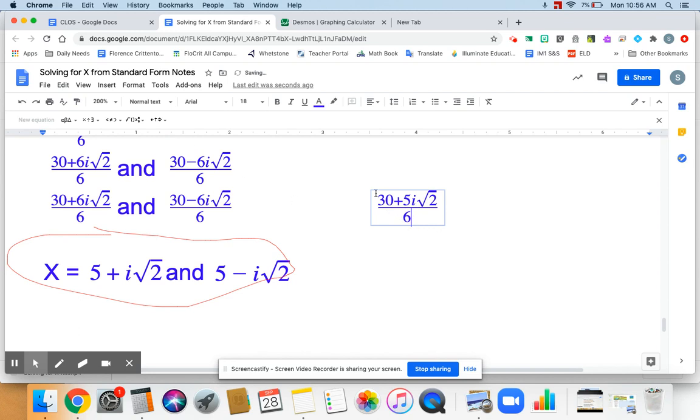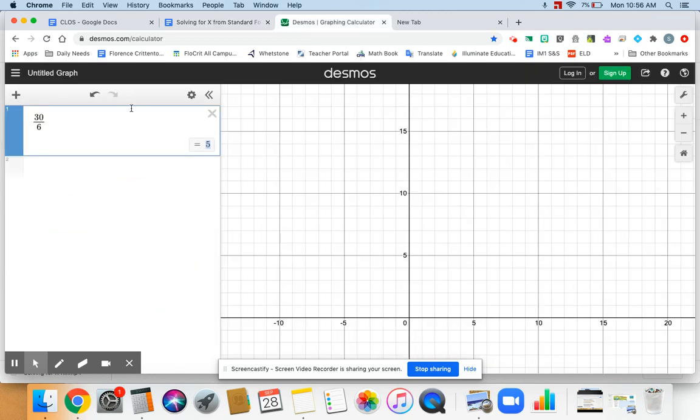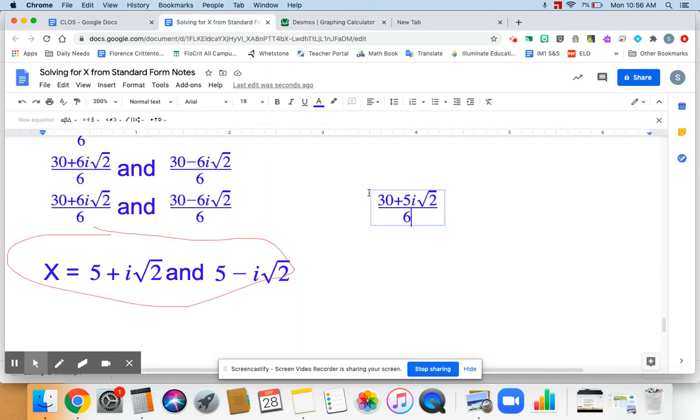Well, 30 can divide by 6, sure, but then when I do 5 divided by 6, I get a decimal. And it's not good to write a decimal here. Like if I wrote the 5 here and then wrote 0.88888333, whatever that decimal was, that's not proper. It's more proper to leave it like this than it is to divide, unless both of them evenly divide.